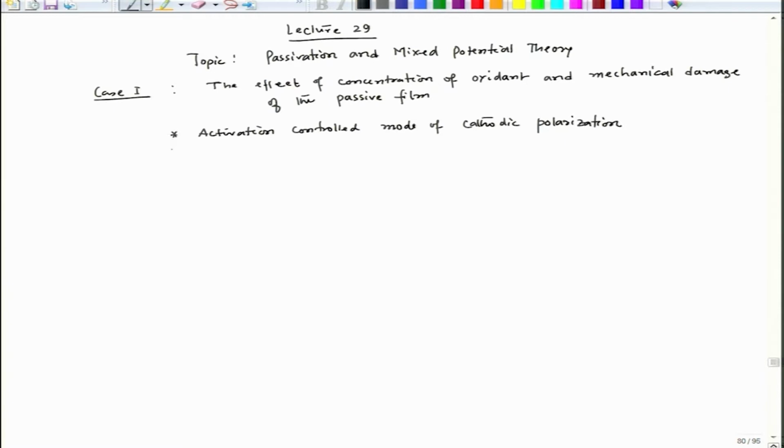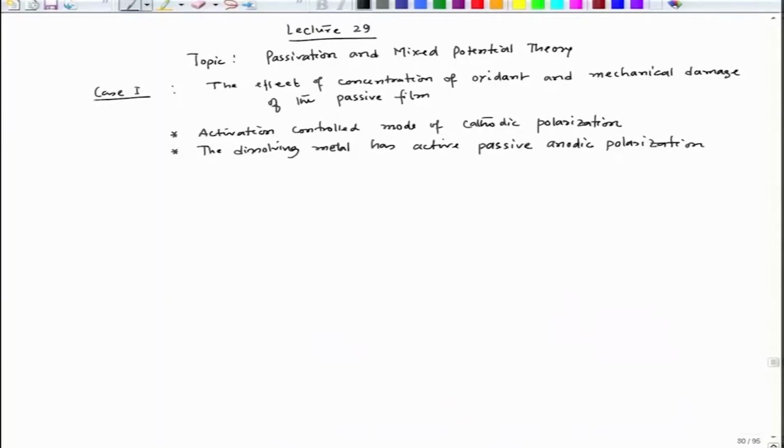This is one consideration, and the second thing is the dissolving metal has active passive anodic polarization. So, when we have these two situations, let us see how we can get the idea of corrosion rate as well as mixed potential when we change the concentration of oxidant.